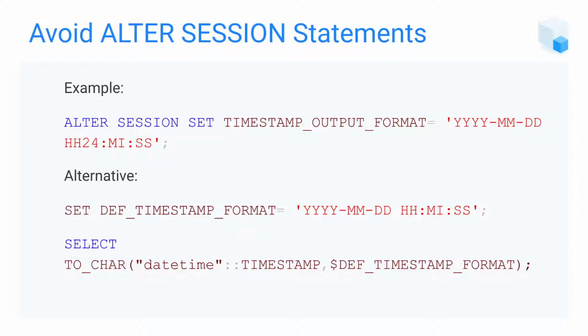However, this will only work in the transformation, and once the table is inputted into the storage, it has its own session with its own parameters, and this timestamp format will be changed back. So instead, what should be done is, for example, use this variable as a default timestamp format and cast the timestamp to a character, which will give you your desired format.